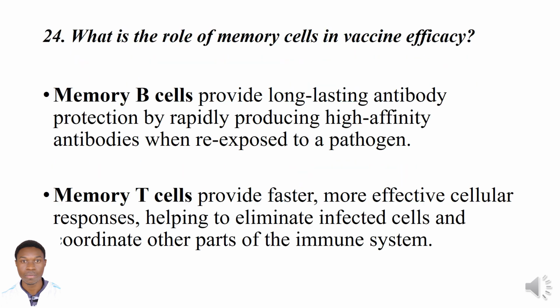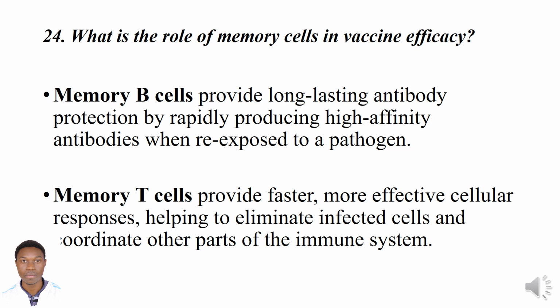Then to the last question, what is the role of memory cells in vaccine efficacy? The primary goal for a vaccine is to mimic a natural infection without causing disease, thereby stimulating the immune system to generate memory cells. That's the primary goal of vaccine.